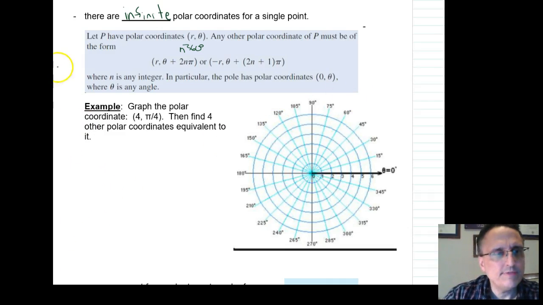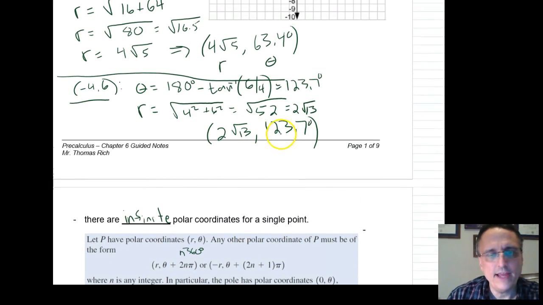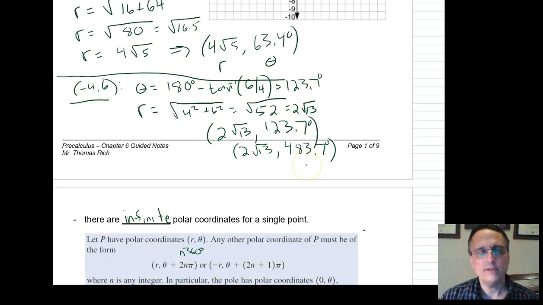What I mean by that is if I come back up here to this point, if I add 360 degrees to this and make this 2√13, comma 483.7 degrees, that's the same point, because I rotate the 123.7 and then I rotate another 360 degrees, I'm still going to end up at the same point. I could add another 360 to this and get another polar coordinate. They all represent the same point on the XY plane.